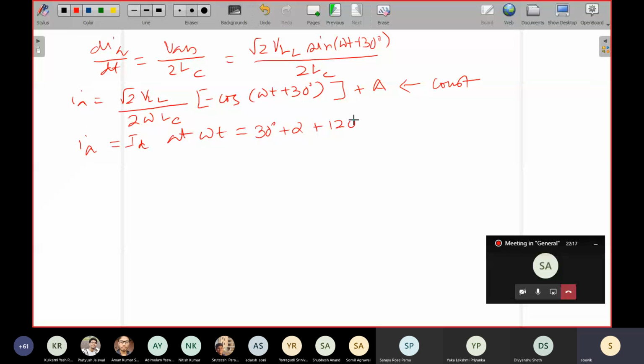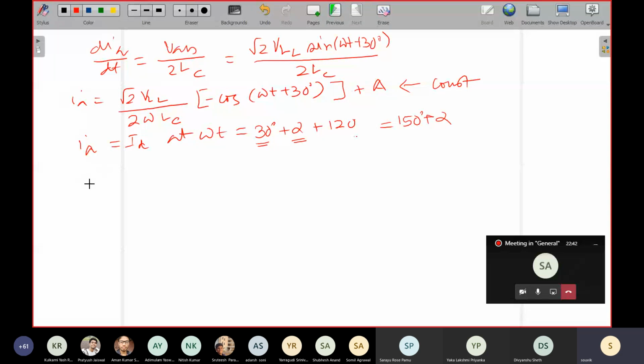That is the commutating instant. 30 degrees is the initial, then your own definition of alpha, and then 120 degrees is the conduction. So at the end of A phase conduction, that is the end of thyristor 1 conduction, the commutation instant is happening. We are analyzing that commutation instant, so this angle corresponds to 150 degrees plus alpha.